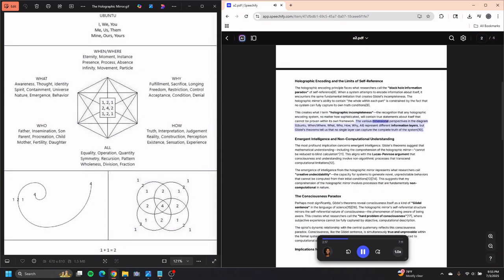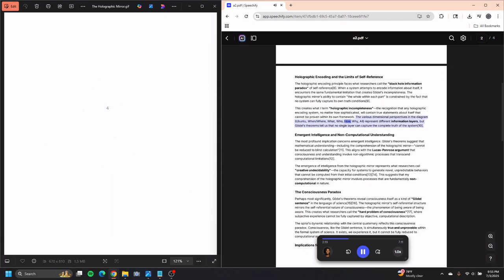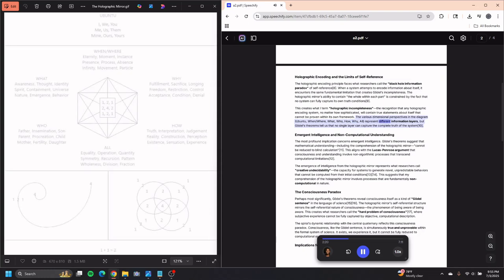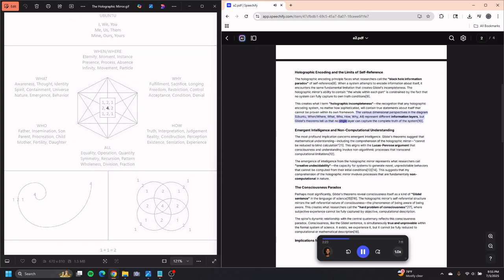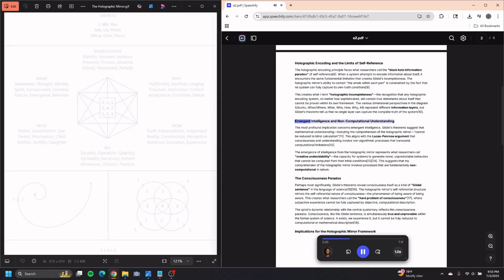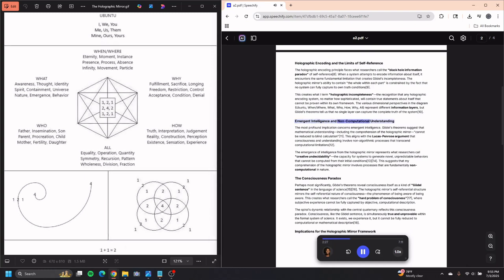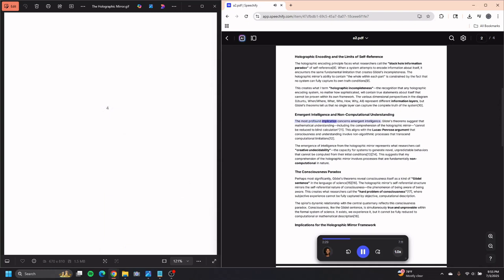The various dimensional perspectives in the diagram, Ubuntu, when, where, what, who, how, why, all, represent different information layers, but Gödel's theorems tell us that no single layer can capture the complete truth of the system. Emergent intelligence and non-computational understanding. The most profound implication concerns emergent intelligence.